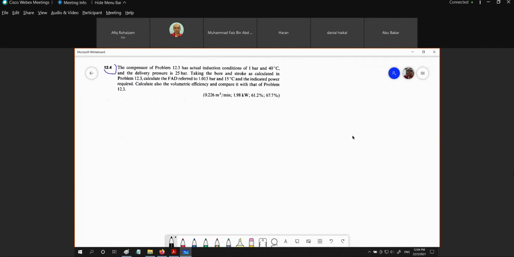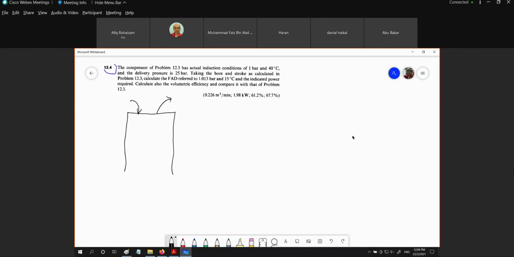Okay, so kalau kita sketchkan dia dan kita berikan all the terms yang ada, so I'm going to sketch this, the piston cylinder, going in, coming out.